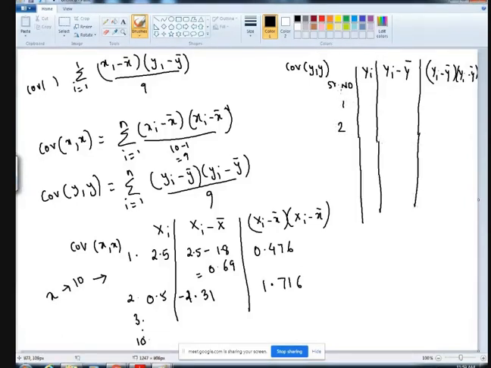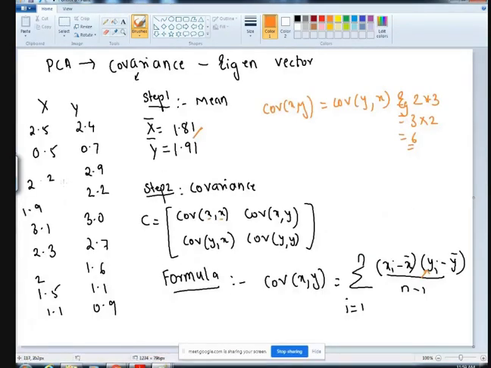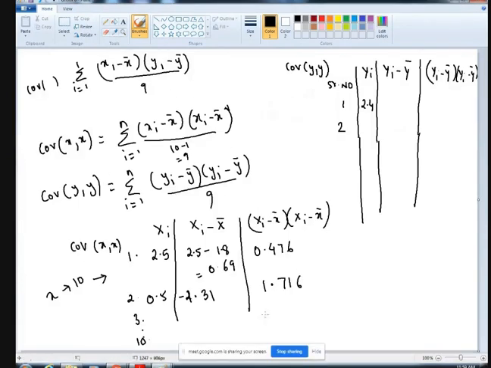So it is 2.4, and y bar, that is the mean of the given instances, is 1.91. This 1.91 is your mean. So you do 2.4 minus 1.91 and you get an answer of 0.49.